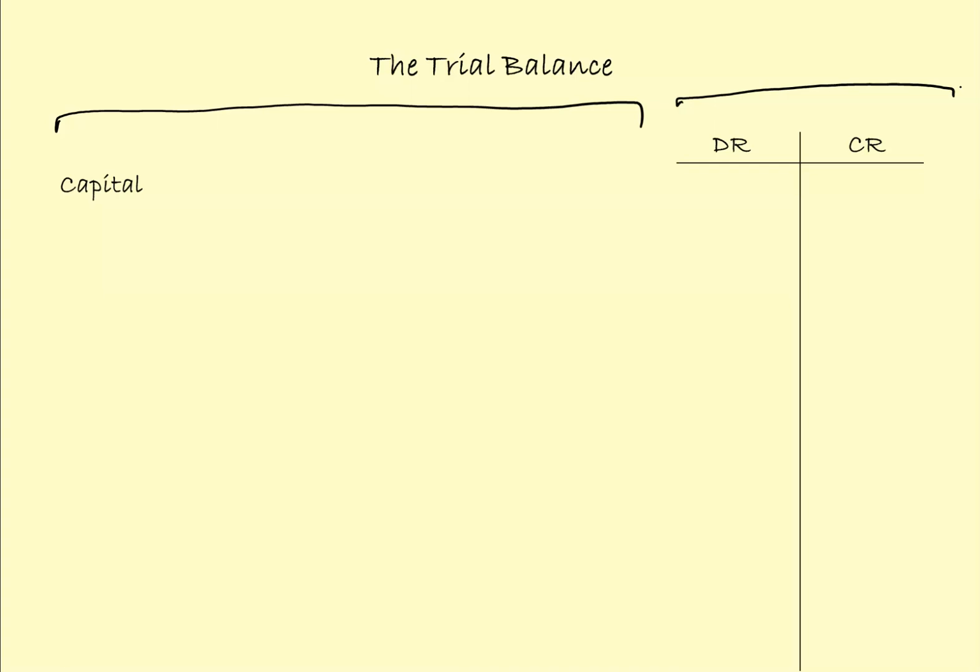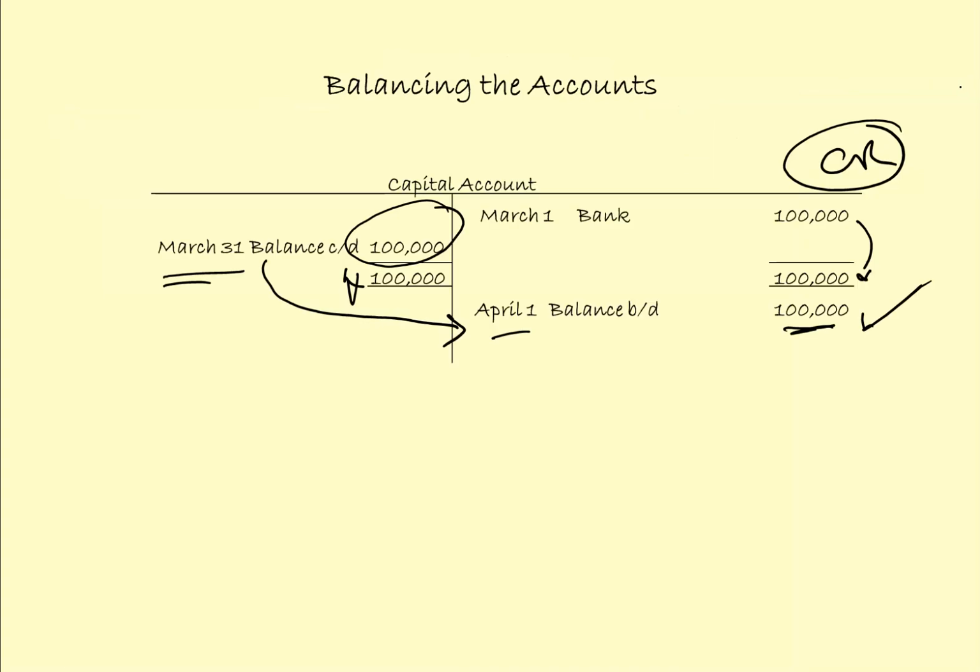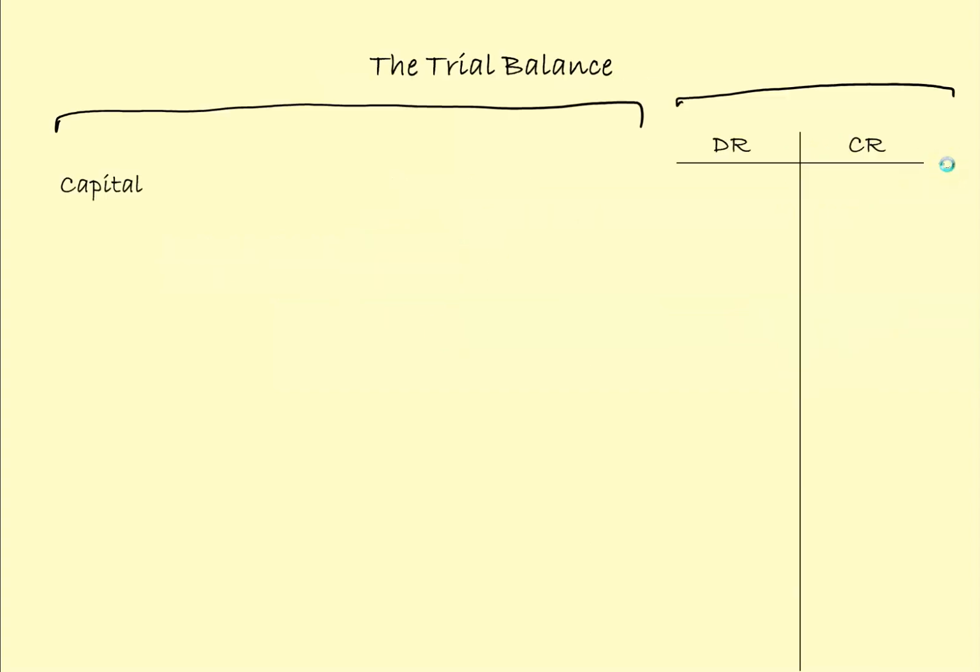So capital. Now if I go back and look at the capital account, I can see here, just jump back to it there, the balance on the capital account is 100,000 on the credit side. So I'm going to write that in over here, 100,000. Now my next account is bank.